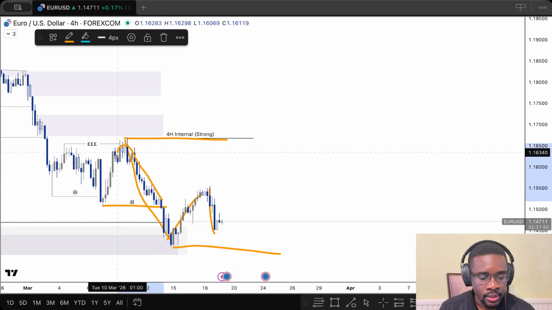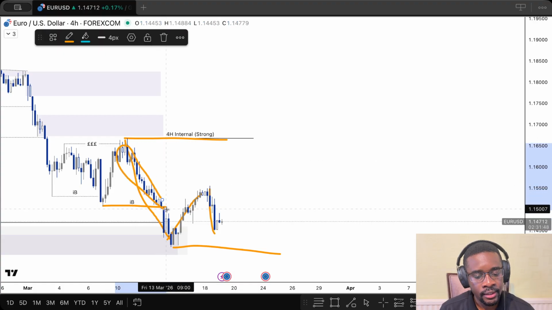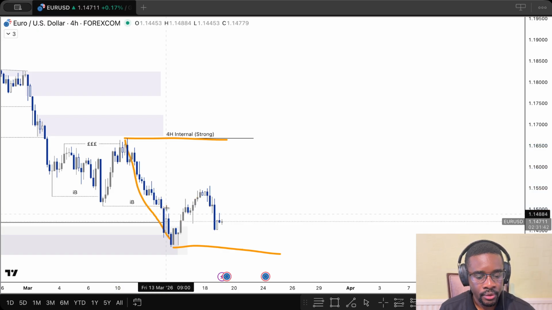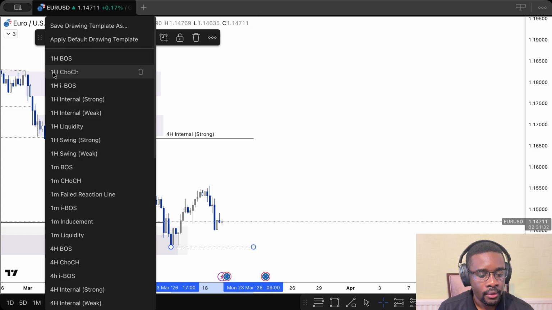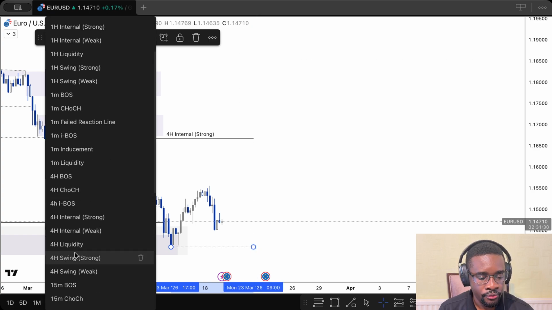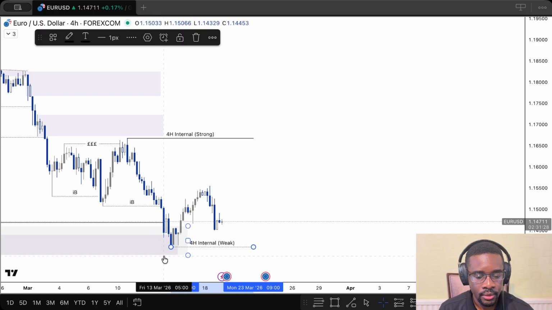As we can see in this leg, we don't have any clear areas of supply to wait on. So I'm not going to read too much into this. This is our 4 hour weak low.